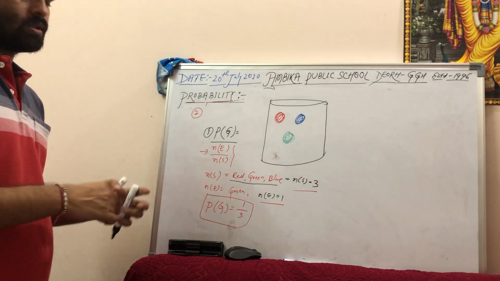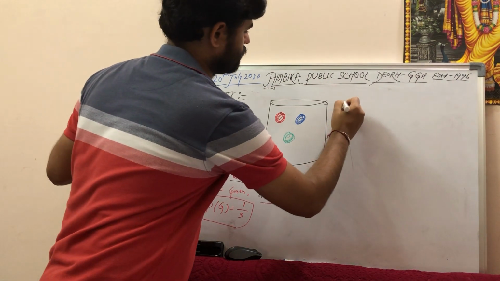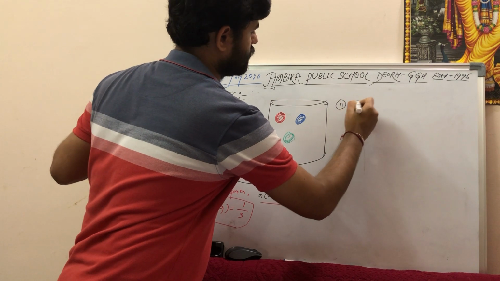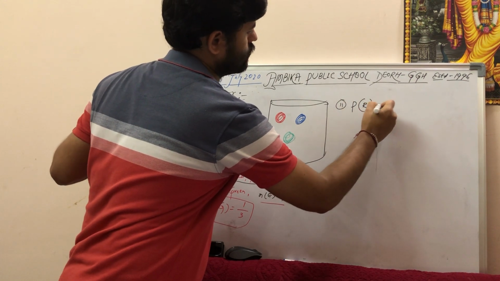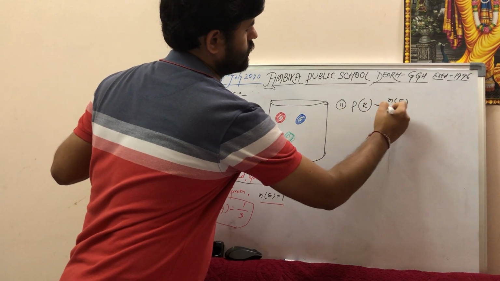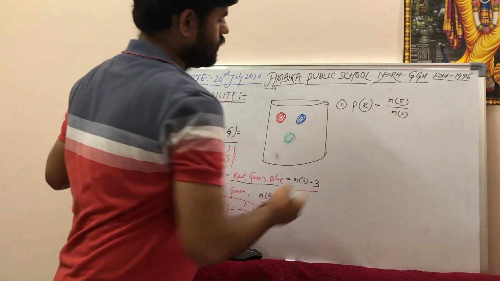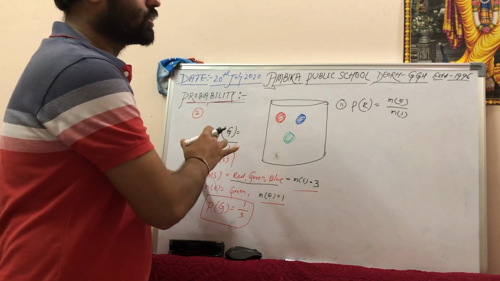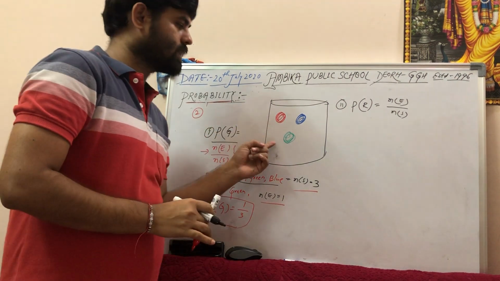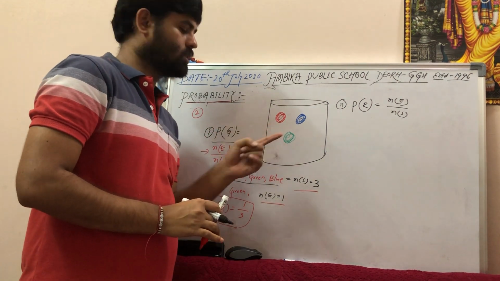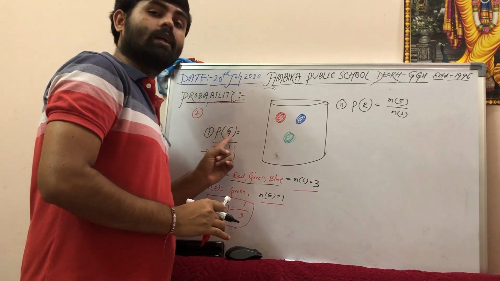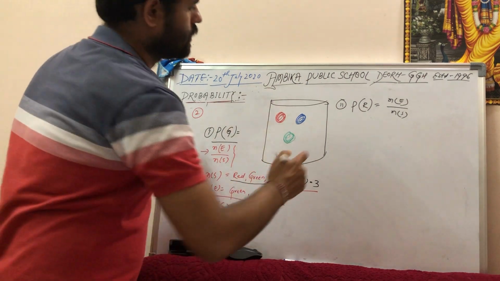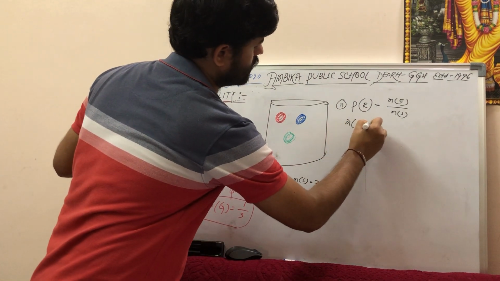First question done. Second question is the red ball. Probability of getting a red equals number of events by number of sample space. Now this sample space will remain constant in this question, because we are solving the same question, just the event you are changing. First you picked green, second you are picking red, third you will be picking blue. So number of sample space will always be 3.